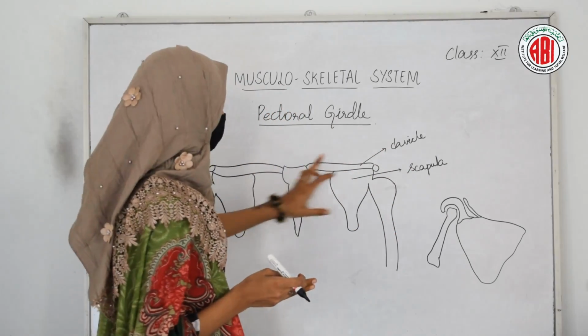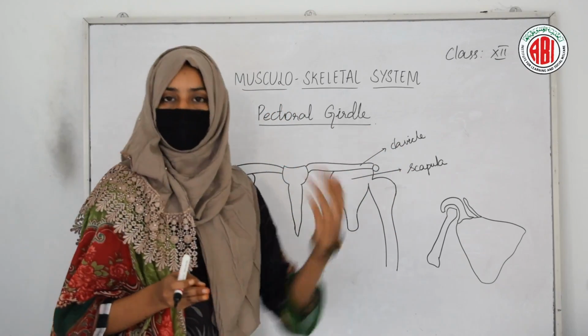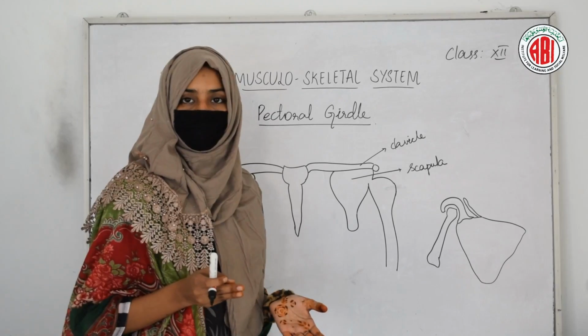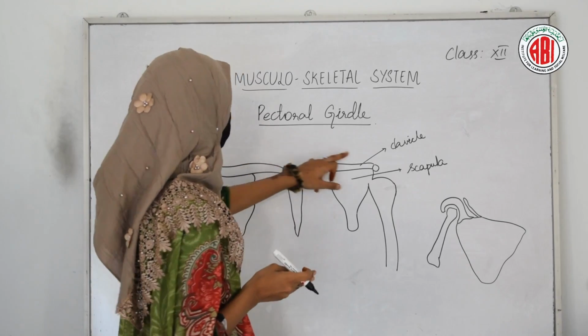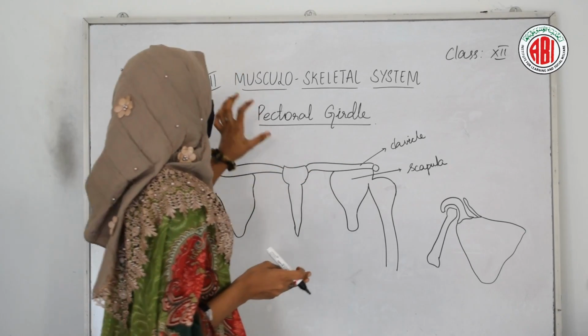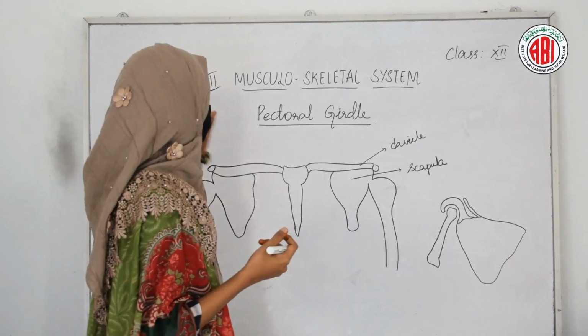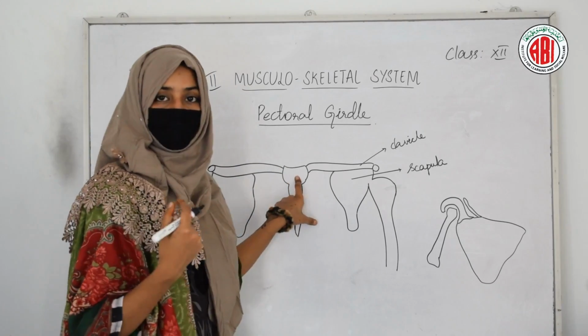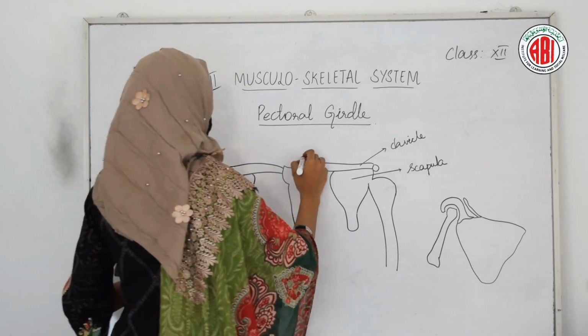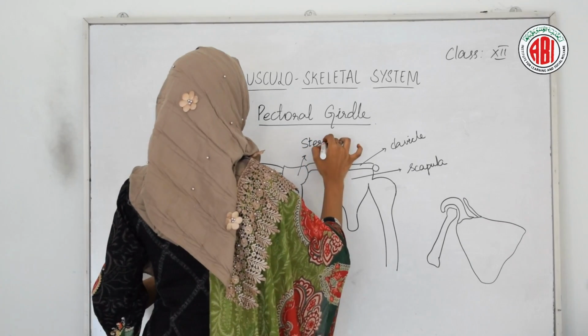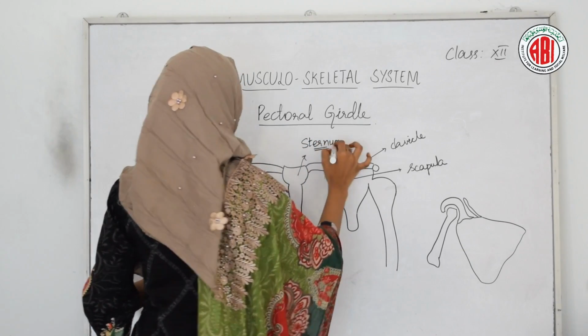So in this way, 2 scapula that are triangular shaped bones are present on the dorsal side of our body, and 2 clavicle bones are also found. Here the 2 clavicle bones join at one end with the sternum. We have seen about the structure of sternum, right?